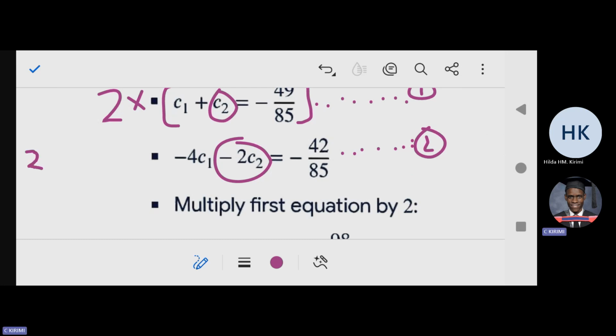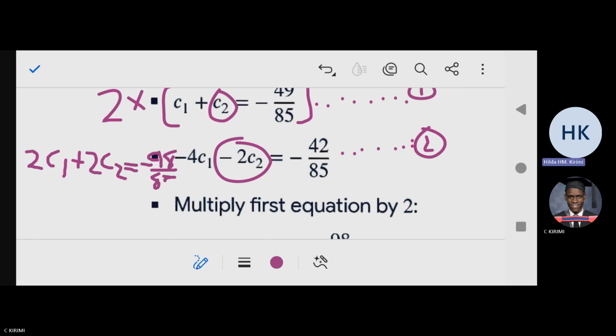It will be 2C1 plus 2C2 equals the numerator. We said we are going to multiply it by 2, so 49 times 2 gives you negative 98, isn't it? Negative 98 over 85.